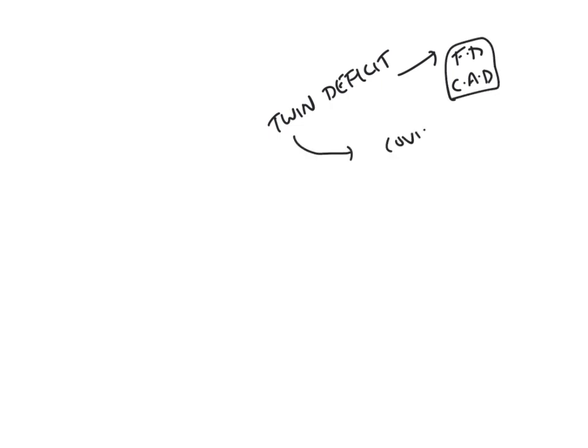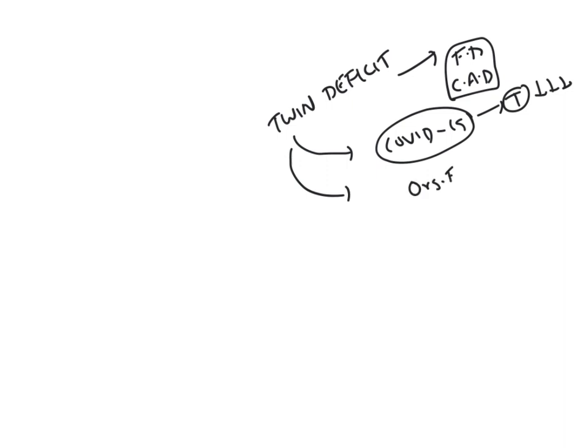So, quick revision. First one, twin deficit problem: fiscal deficit and current account deficit. Second one, COVID-19 has created another issue, because of which tourism revenue has gone down.